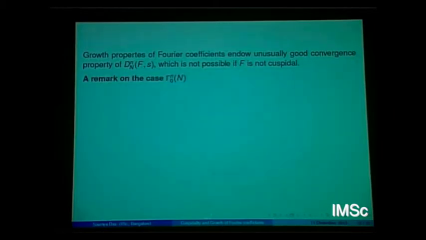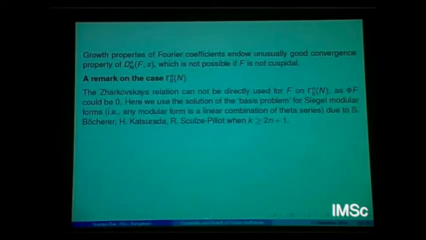In the case of Gamma_0(N), there could be some problems in applying the previous argument, namely phi of f could be 0. Phi of f could be non-zero at some other cusp, but phi of f could be 0. There is no way to rule that out. So in that case, you might apply what is called the solution of the basis problem, which guarantees that every modular form is a linear combination of theta series.